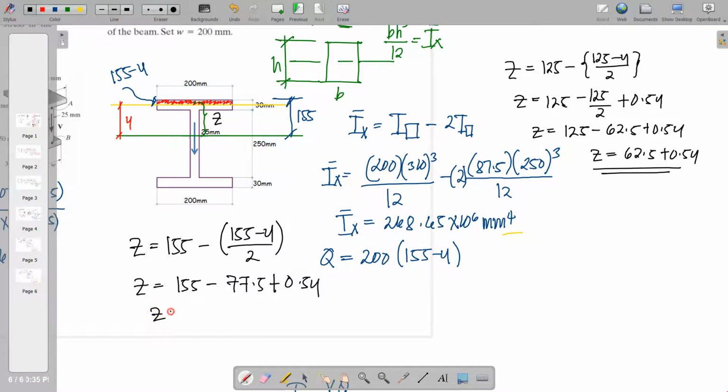So z, finally we combine this, 77.5 plus 0.5 of y. So you'll just have to copy that as the distance of your area, the shaded portion there. So we have 77.5 plus 0.5 of y. Again, we are going to expand this equation.